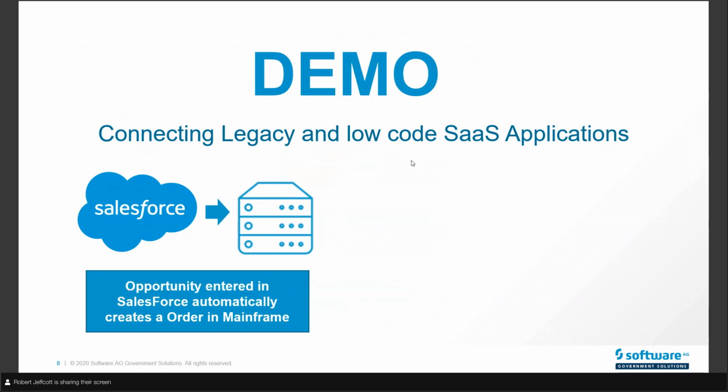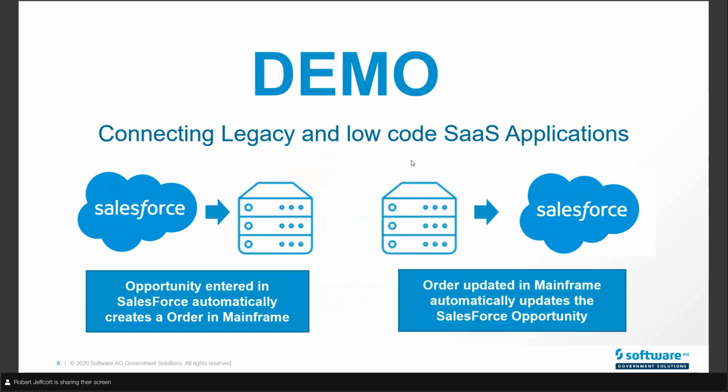What we're going to do today is enter an opportunity in Salesforce. By saving that opportunity in Salesforce, we are automatically going to create an order in the mainframe application. We're doing this utilizing both our Salesforce adapter and our mainframe adapter.